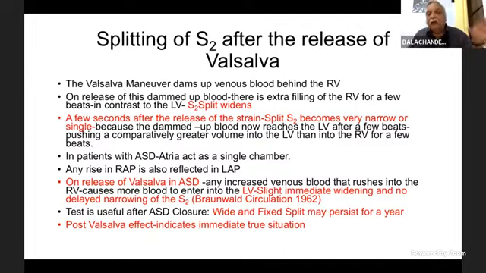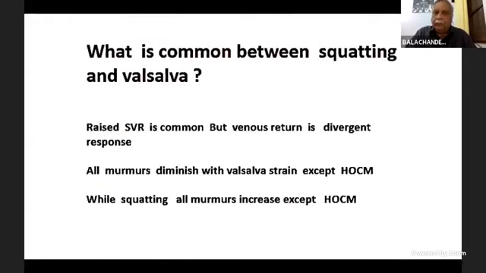We don't auscultate, but this is a good sign. The post-Valsalva effect indicates the true situation. This is perhaps only theory, but it's an interesting observation. Obviously, when a patient is getting his ASD closed, you're not asking him to do Valsalva and auscultate, but this is just for the sake of understanding the splitting of the second heart sound after release of the Valsalva and what happens in atrial septal defect.